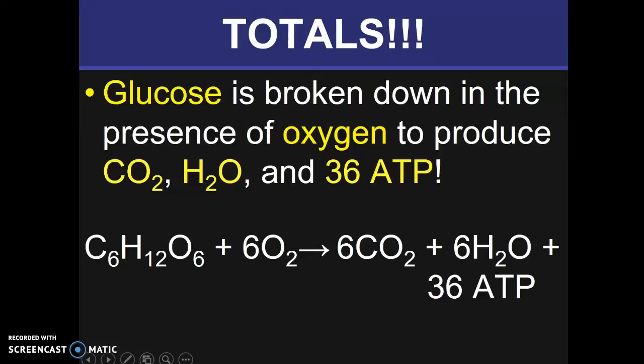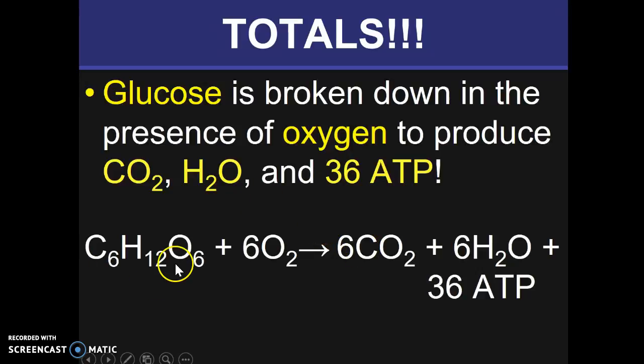You can see the equation, which everyone in here should know already, because it's the exact opposite of photosynthesis. Remember, for photosynthesis, we needed 6 CO2, 6 H2O on this side, and we also needed sunlight. Luckily, we don't need sunlight to do respiration, so we don't have sunlight in the equation anymore.